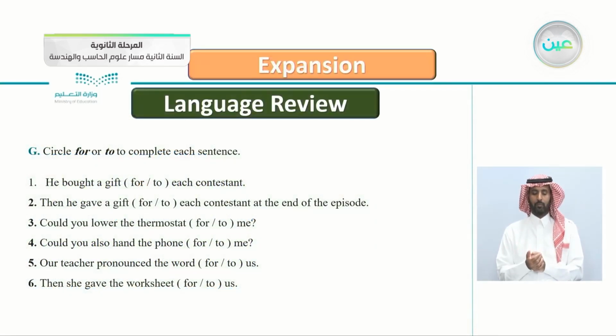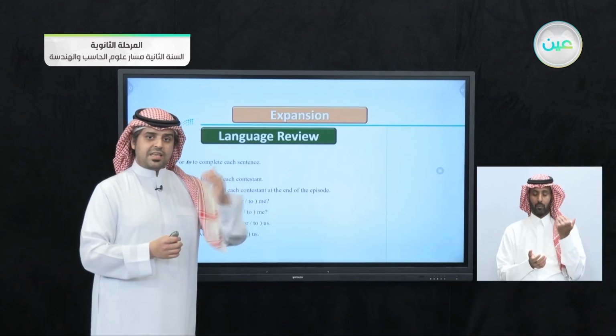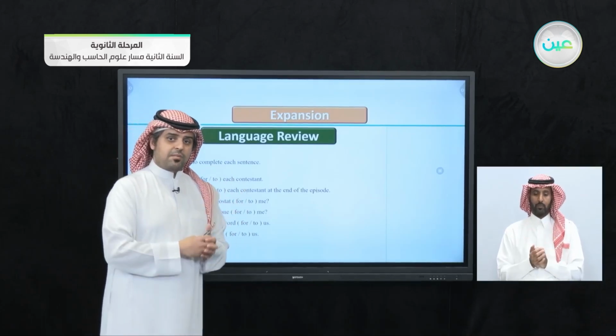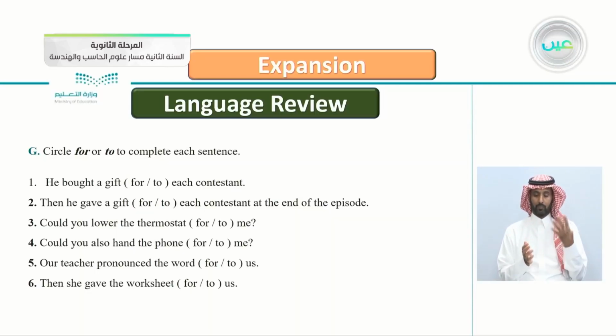So getting back to the exercise here, now that we have revised this grammar, 4 and 2, let's answer the questions. Circle 4 or 2 to complete each sentence. Number 1, he bought a gift for or to each contestant.